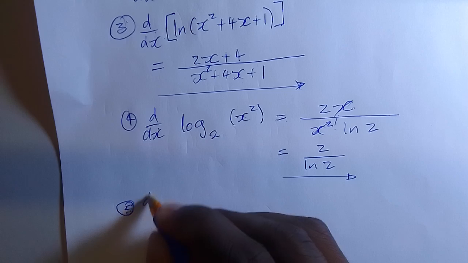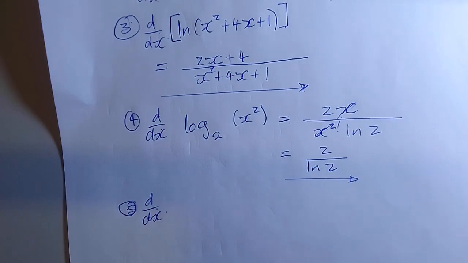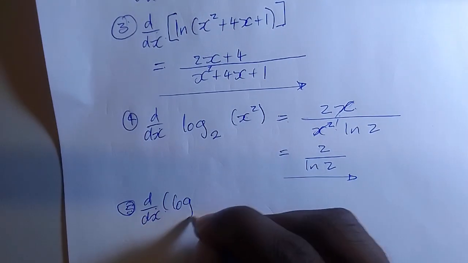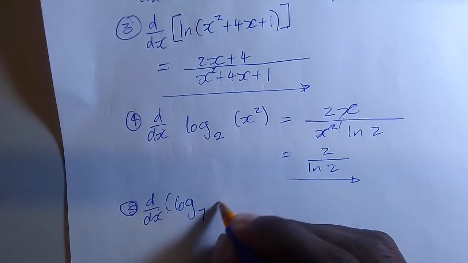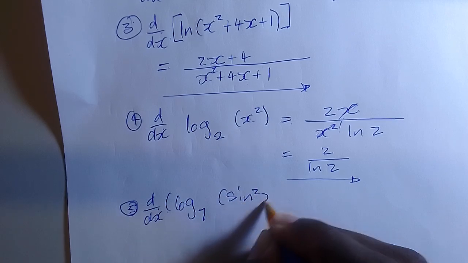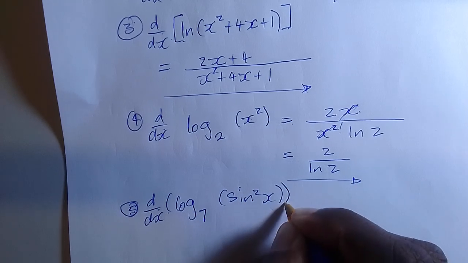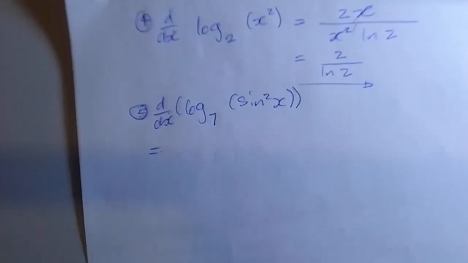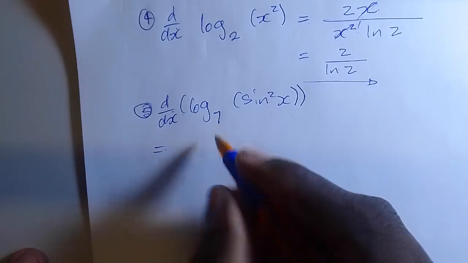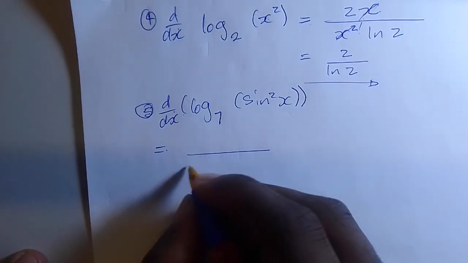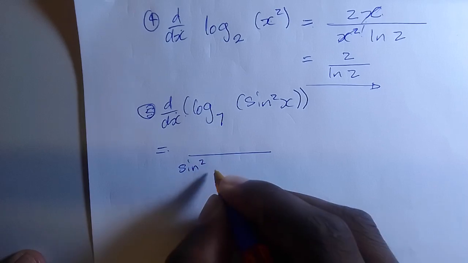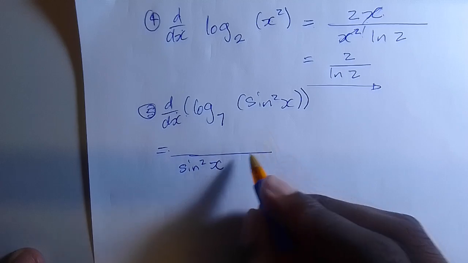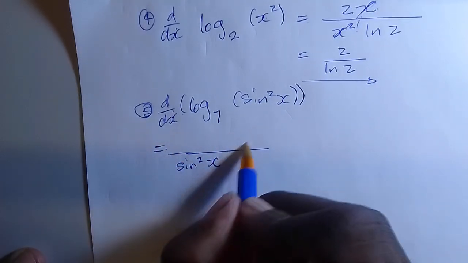So now we are going to find the derivative of log base 7 of sine squared x. For this one, we do the same thing we did here. So what we are going to do is we put the exact function as it is on the denominator, sine squared x, that's our function, and then we need to put the derivative of that on the numerator.